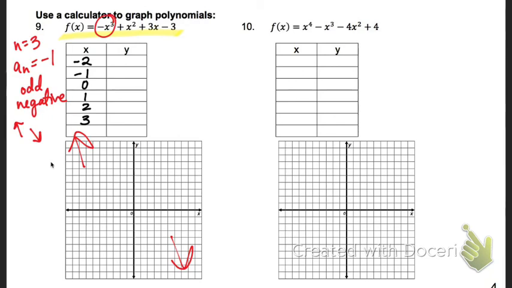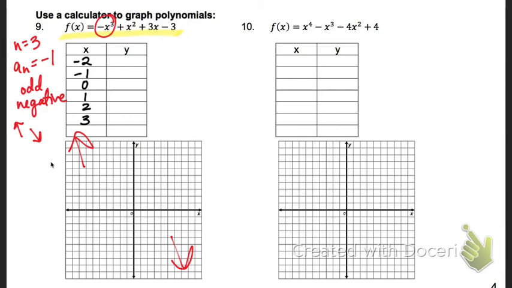So in your calculator, I want you to type in the function. Once you graph that function, I want you to find the y values.